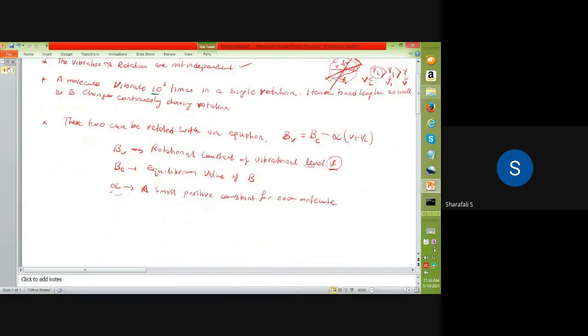So for each molecule, we will have a different value of alpha. This is the equation which connects the vibrational and rotational motion of this particular molecule.